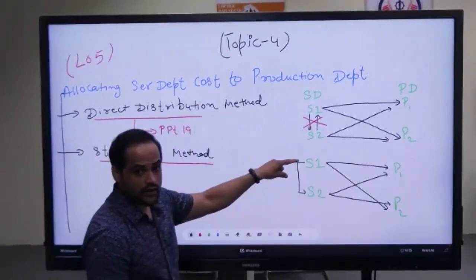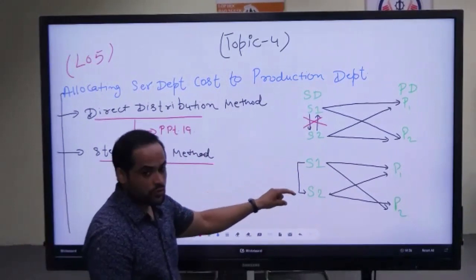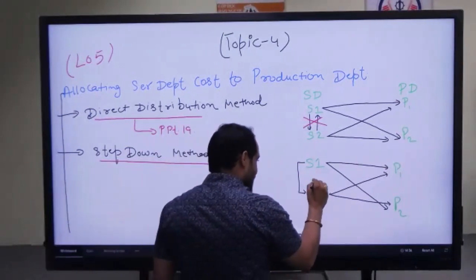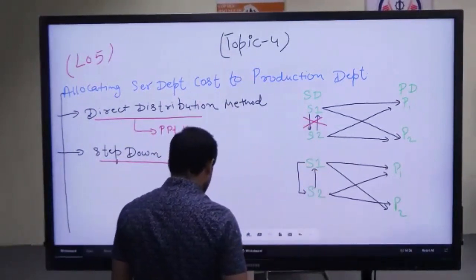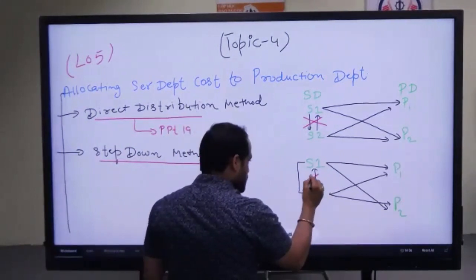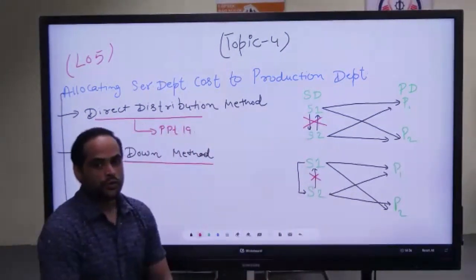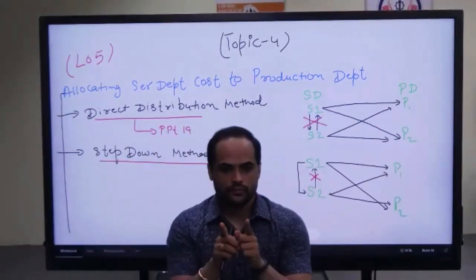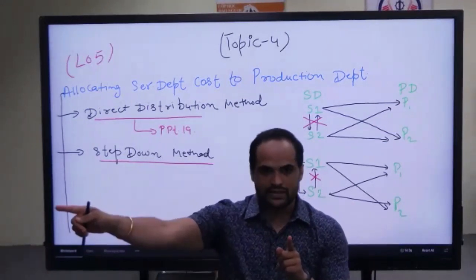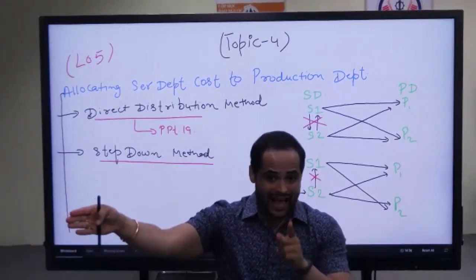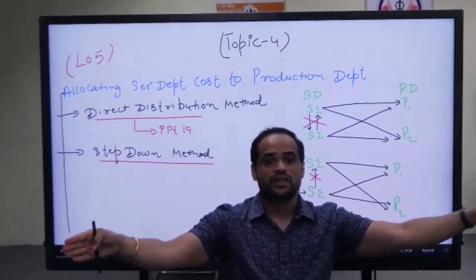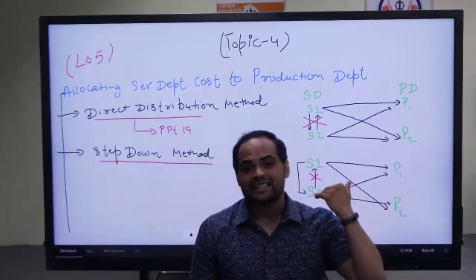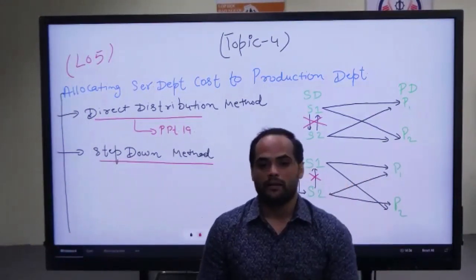Let's say S1 provides services to S2, but S2 does not provide service to S1. So S1 provides service to the production departments, P1 and P2, and S1 also provides services to the service department. But S1 does not take any service from another service department.